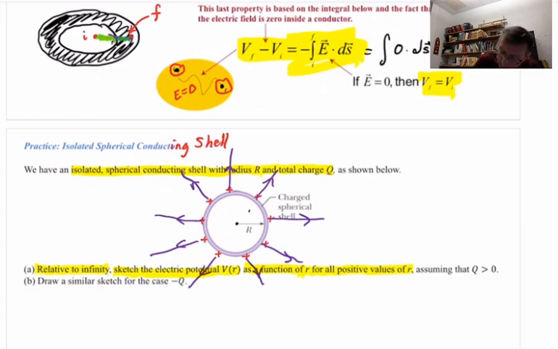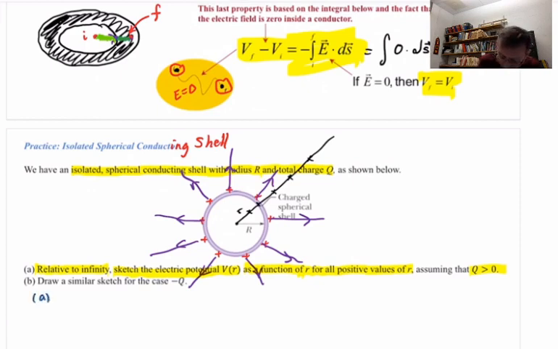Out to there, or there, or there, however far out. Okay? We're going to sketch the electric potential as a function of r, and we will assume that the big Q is positive. Let me draw that sketch down here.